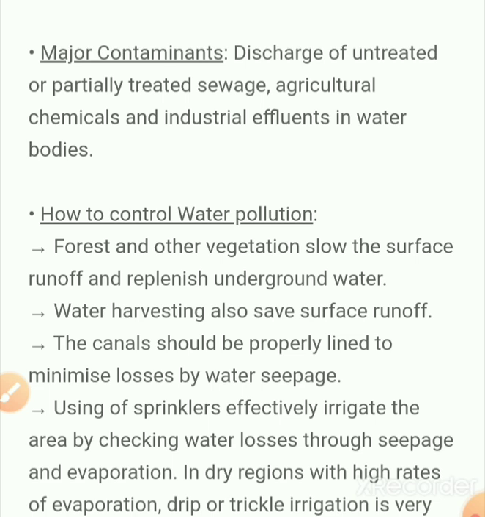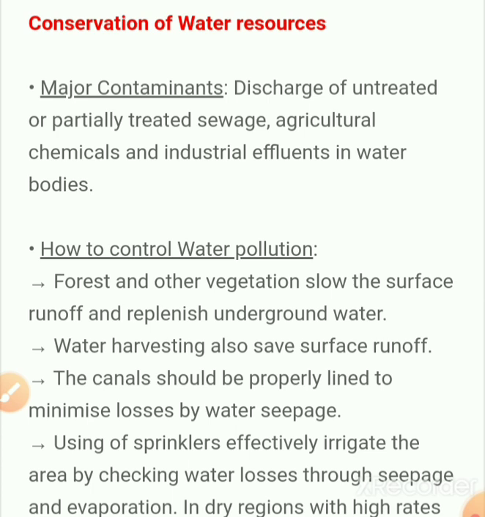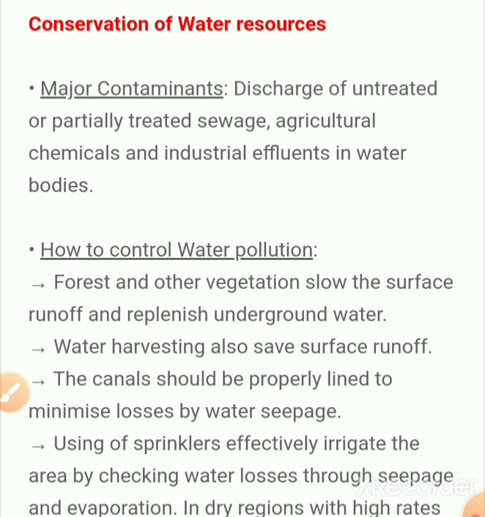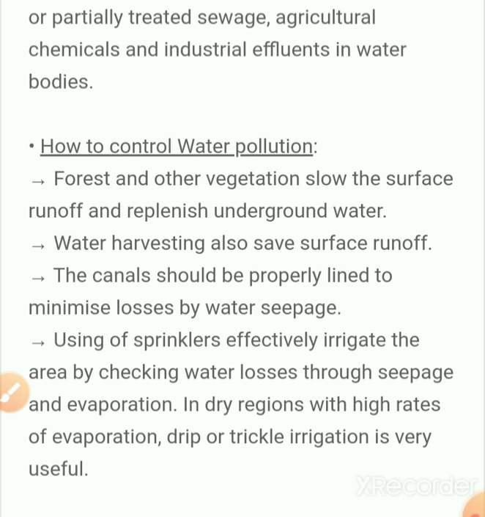Major contaminants: discharge of untreated or partially treated sewage, agricultural chemicals, and industrial effluent into water bodies. How does the water get contaminated? Industrial areas do not treat the water properly, and that untreated or partially treated water comes to rivers from factory areas.